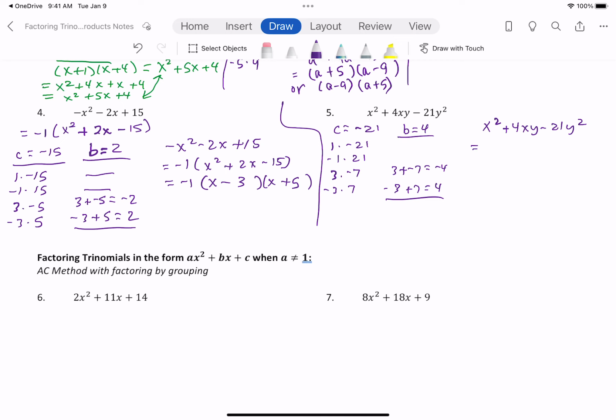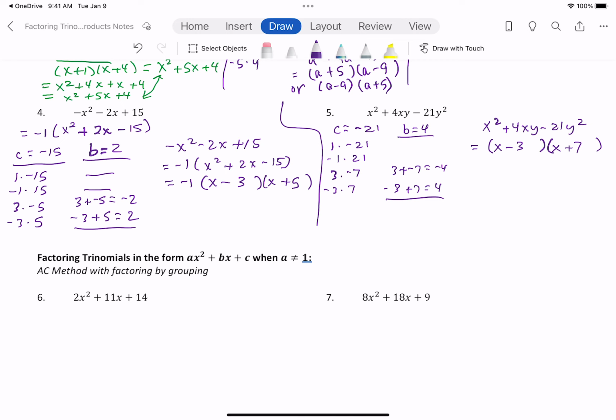We didn't have to factor out a GCF this time. So I'm going to go ahead and set up my two binomials. It starts off the same way as the others. We still know this has to be x and x. We know that our numerical factors are -3 and 7. So I'm going to have -3 and +7.